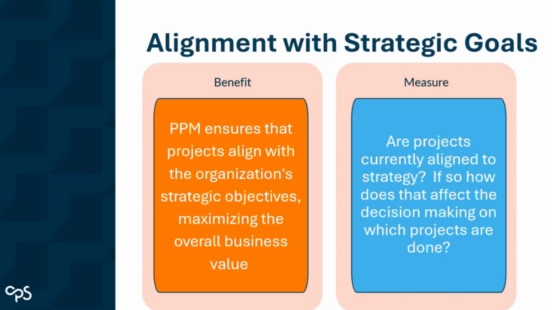Well, maybe someone spoke loudly and confidently, maybe a bad decision was made. But you can look at the portfolio post the alignment in the PPM tool, and you can measure how much effort is going into delivering that strategy and how much is actually going to things that are not really that important.